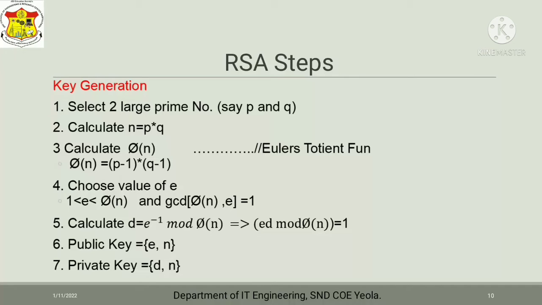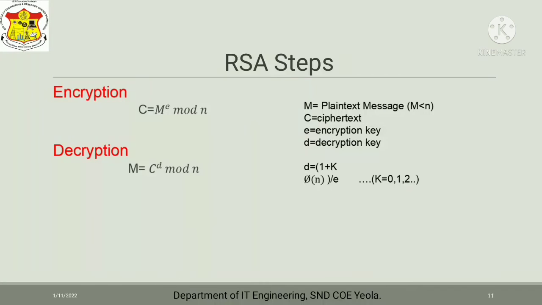Find D in such a way that it satisfies this, trying D equal to 1, 2, 3, by trial and error method. That is the private key D. Now find the plaintext message again, on the receiver side.